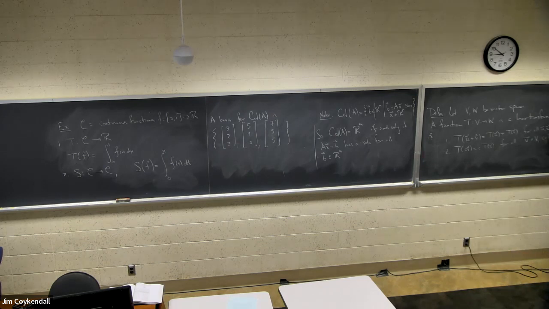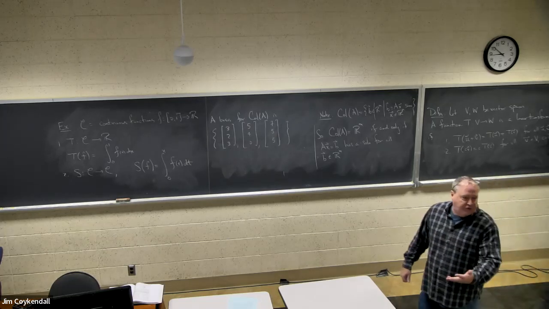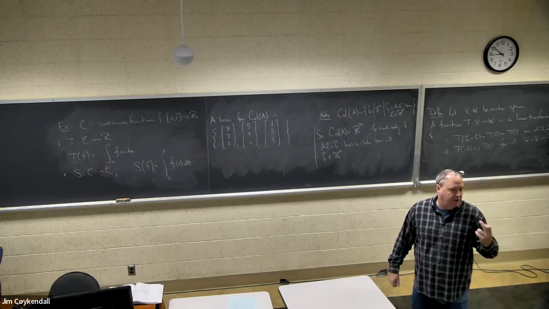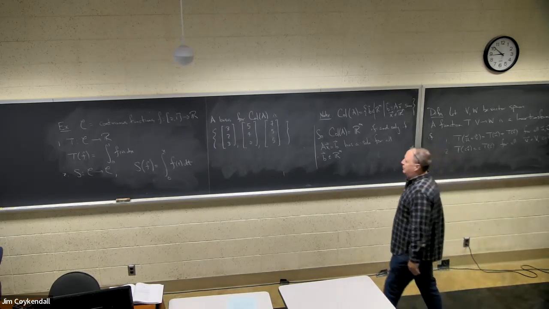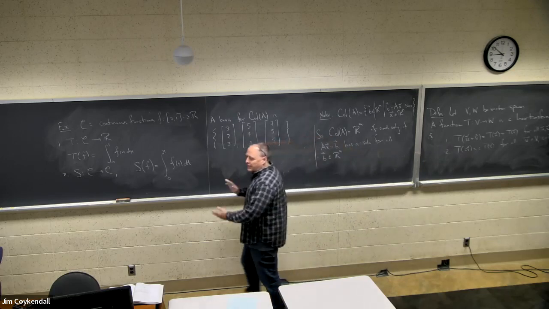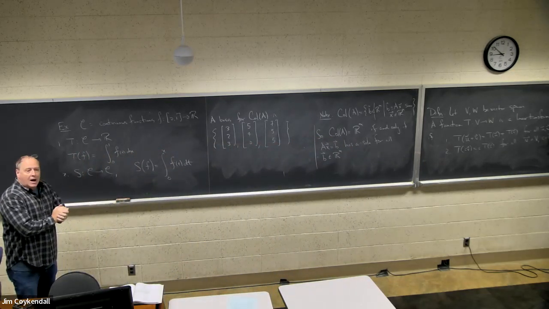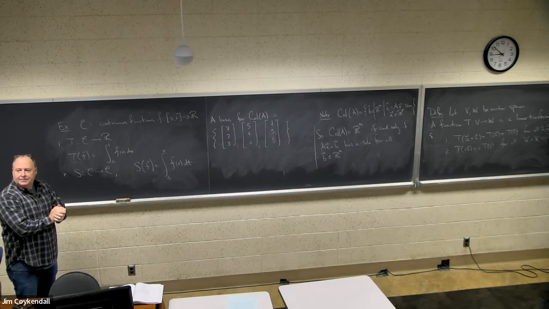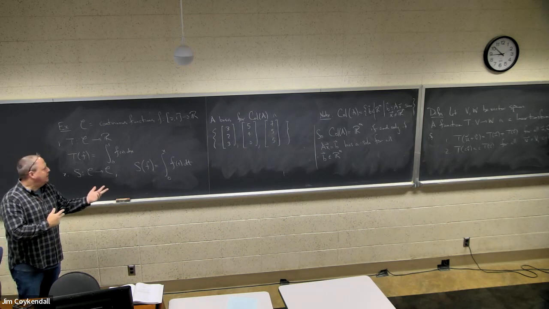By the way, good luck writing these as matrices, because continuous functions do have bases in a vector space, but they have infinitely many elements, right? You might check that when you go from differentiable functions to differentiable functions, the derivative is a linear transformation as well. So there are a lot of these old friends from calculus that show their heads again. Okay, any questions? We'll talk more about this next time.